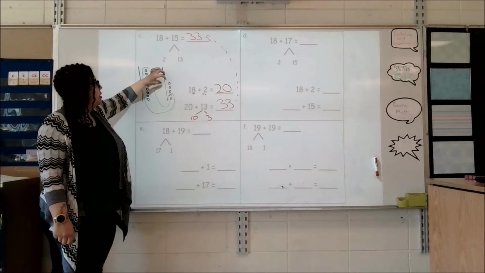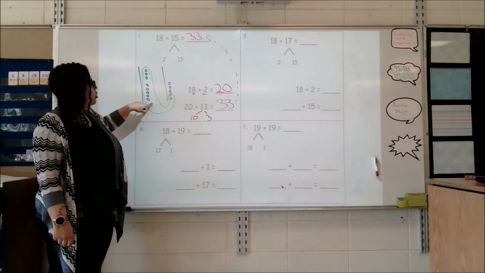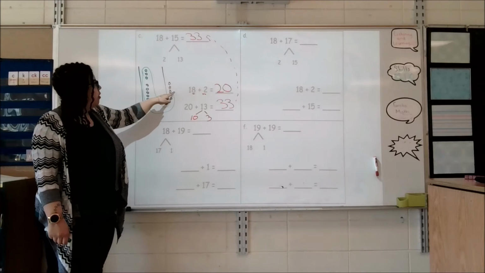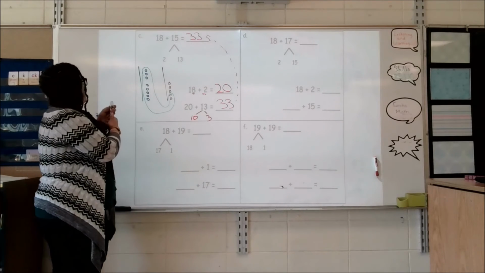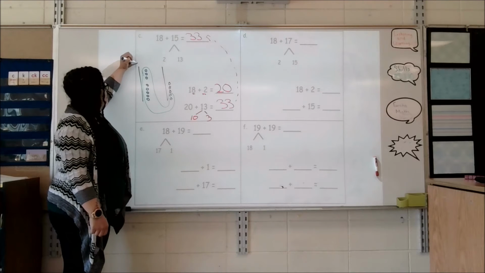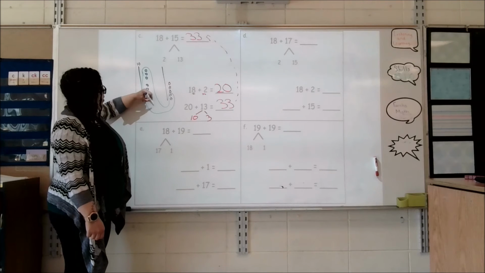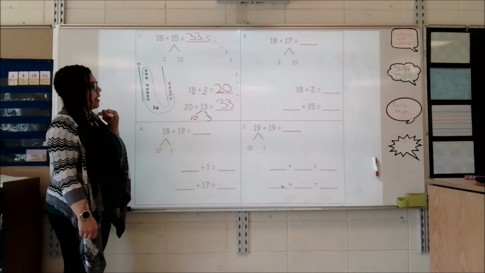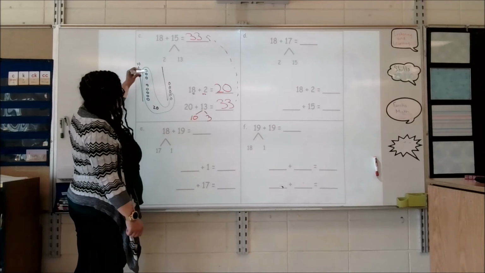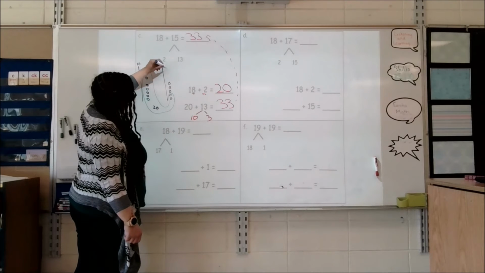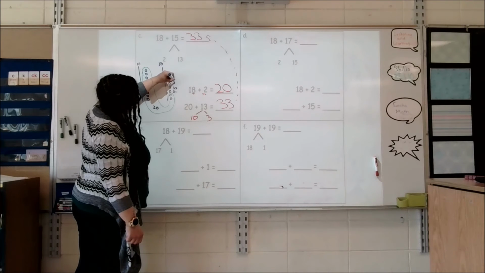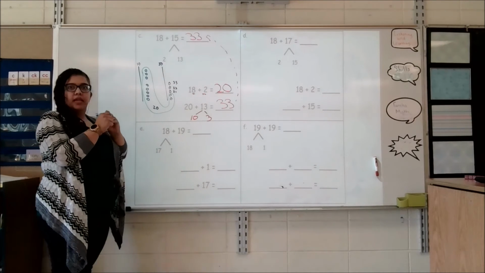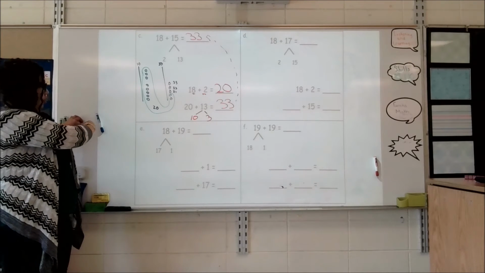I then took what was left and I counted 10, 20, 30, 31, 32, 33. Watch. I said, this is 10. This is now 20 because I added some ones. 30, 31, 32, 33. That's what I did, and there's my picture to prove it.